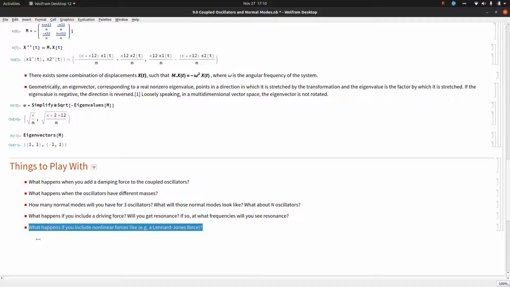So let's say we're describing some molecules that are bonded together. You have a Lennard-Jones force describing the interactions of those molecules that are bonded together. What do the normal modes look like for a system like that, where you have nonlinear and harmonic forces? Well, that is all for this time.